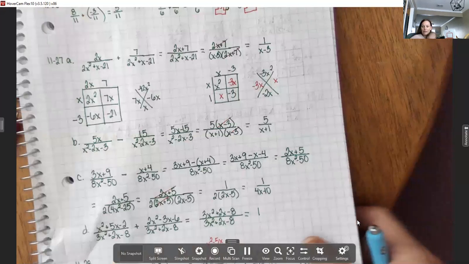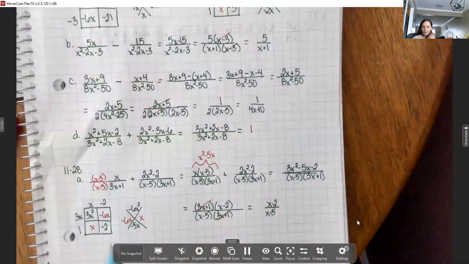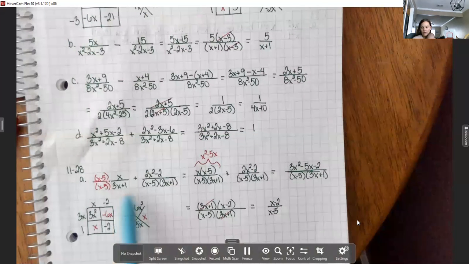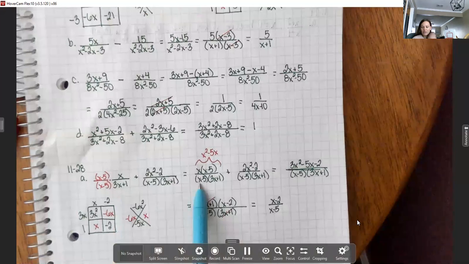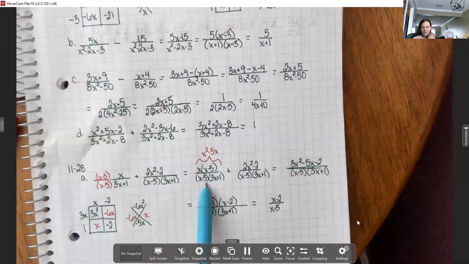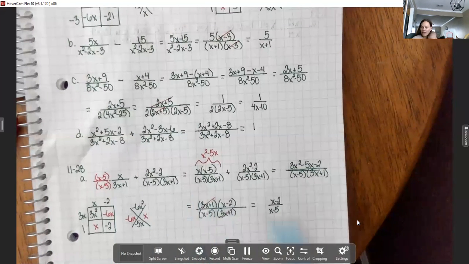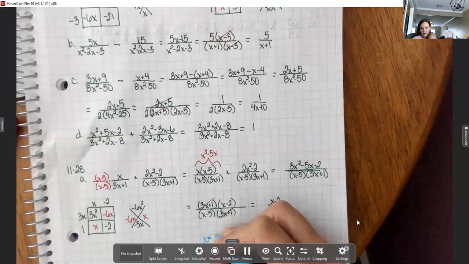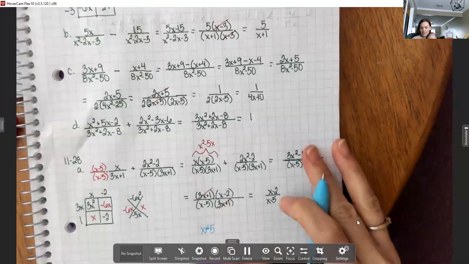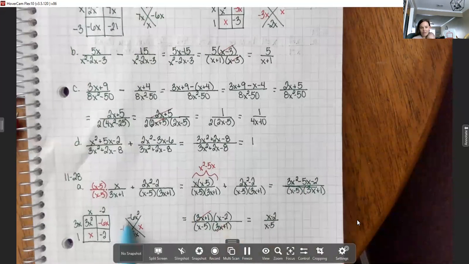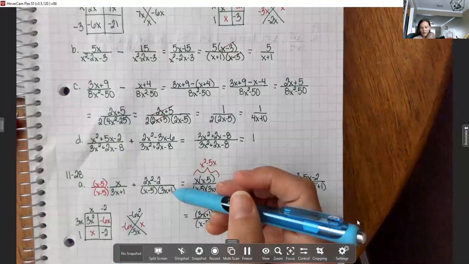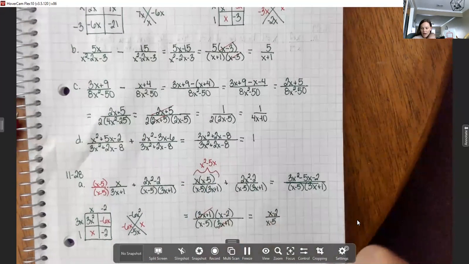And then going back to part A here, so we want to know what makes our denominator 0. So x minus 5, well, that just means x can't be 5 because 5 minus 5 would be 0. We need to know what makes 3x plus 1 be 0. So you could just do that off to the side.